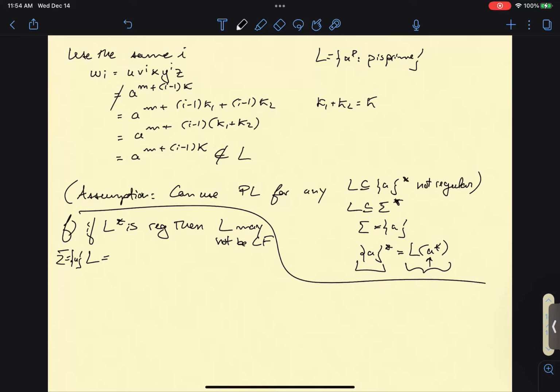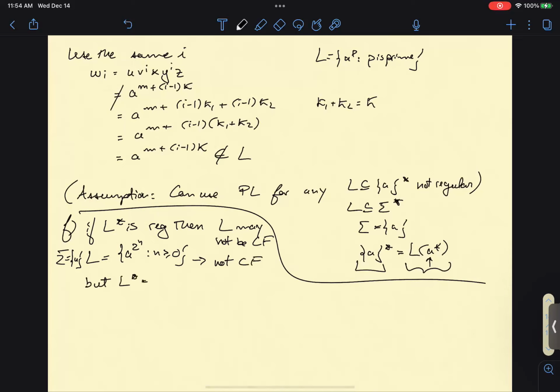A to the power, sorry? Right. But you can also say that and it's star, right? Yeah, very good. So this is not regular and not context free.